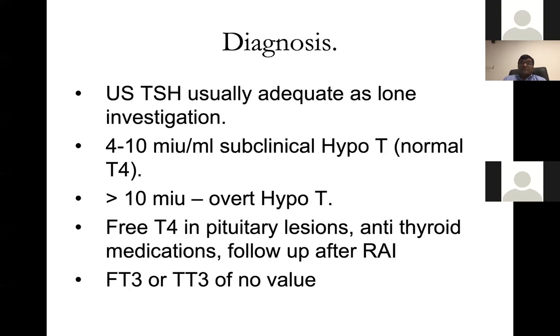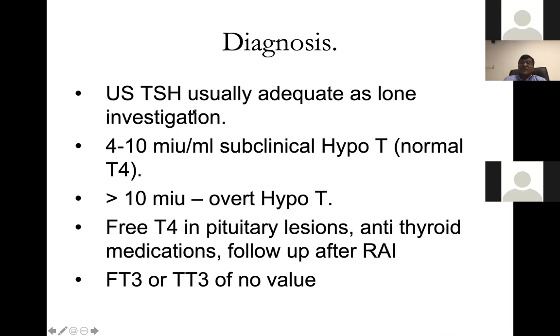Actually, the diagnosis of hypothyroidism we didn't deal with initially. TSH is usually adequate as the lone investigation, but if you have any doubt, do the free T4 also, because particularly in secondary hypothyroidism, TSH may not be high due to pituitary disease and hypothalamic disease.